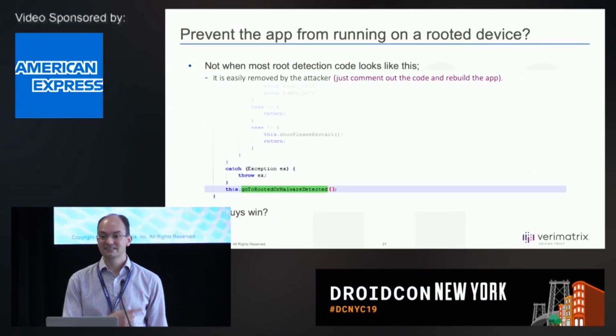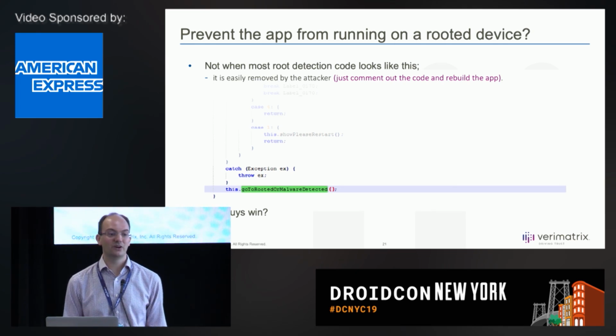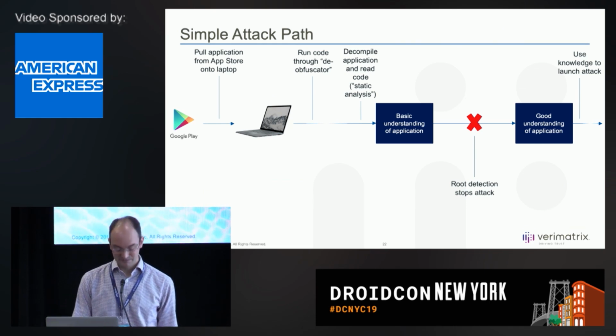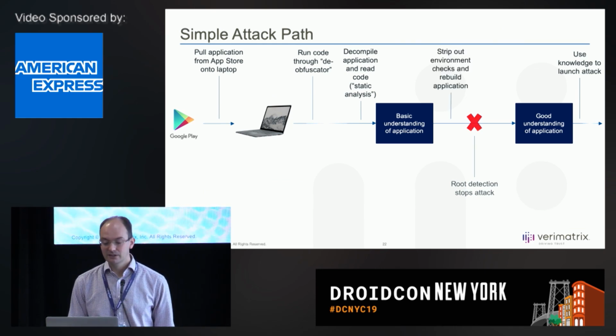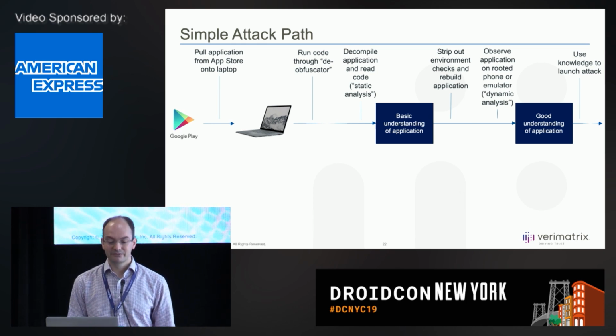If I'm an attacker, it doesn't take me very long to comment out that line of code and rebuild the application. I can now run it on a rooted device. So again, we've created a barrier, but it's not a barrier that's going to stop an attacker for long. We need to go further.